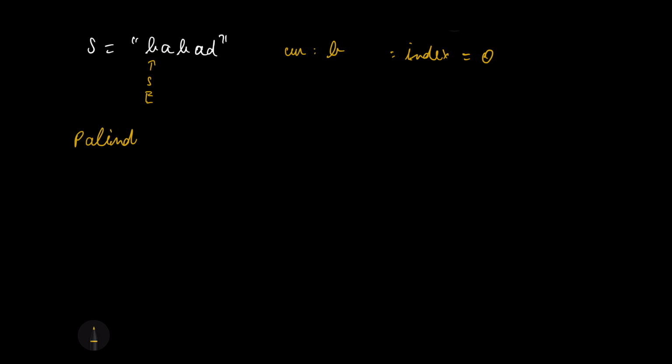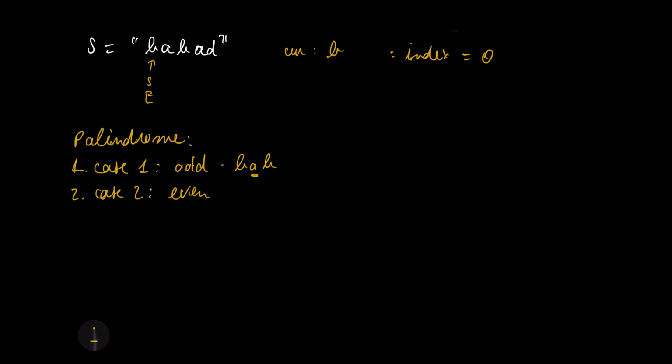For palindromes we will have two cases. Case 1 is odd, where the length of the palindromic substring is odd, and case 2 is even, where the palindromic substring has an even number of characters. With the odd version, for example B, A, B, A is the single center.